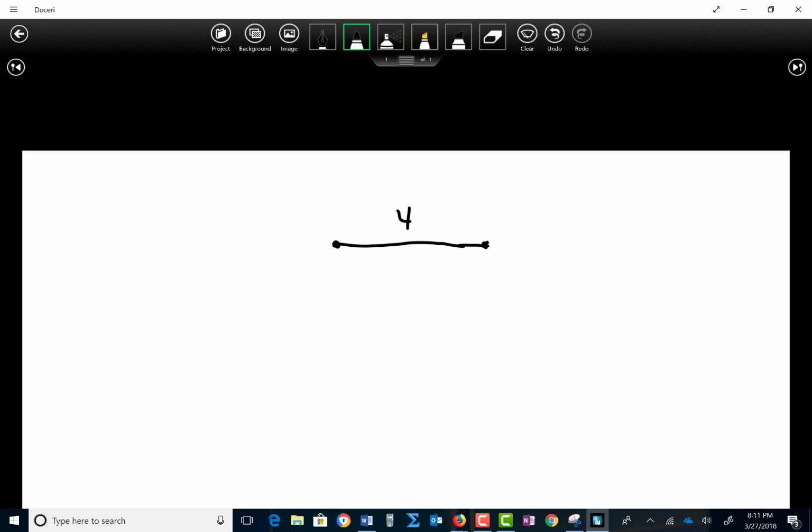And then they turn and walk to the southwest 2 miles. And we talked about how southwest has a specific definition, and it means that this angle is 45 degrees.